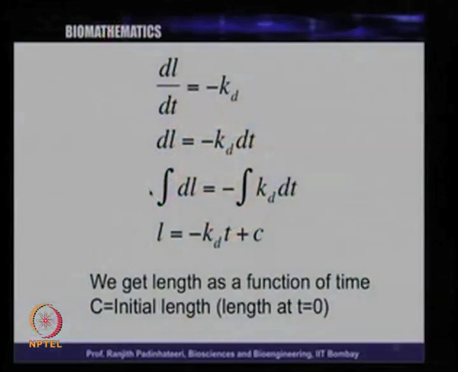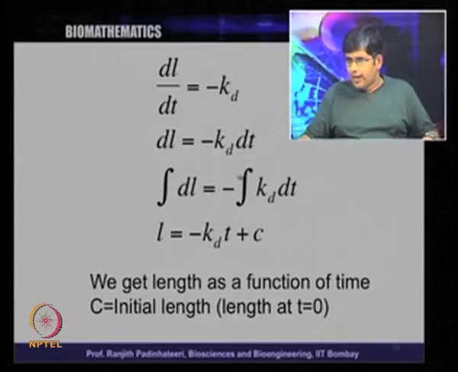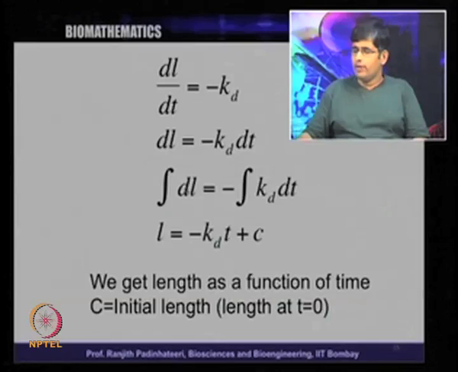So, we have this equation, dl by dt is equal to minus Kd. Look at the solution written in this slide. dl can be written as minus Kd dt. Now, we can integrate on both sides, and you get integral dl is equal to minus integral Kd dt.